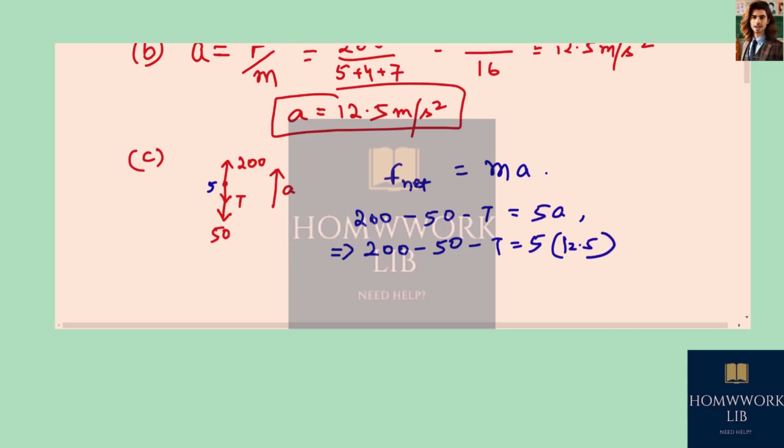So on solving this here, we get the T here as 87.5 newtons. So T comes out to be 87.5 newtons. And this is the tension at the topmost point of the string.